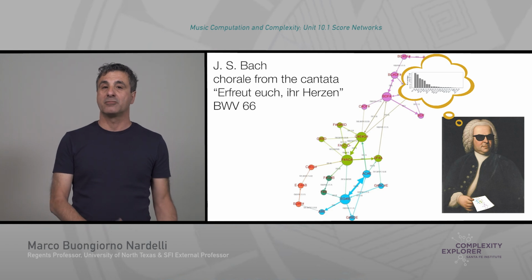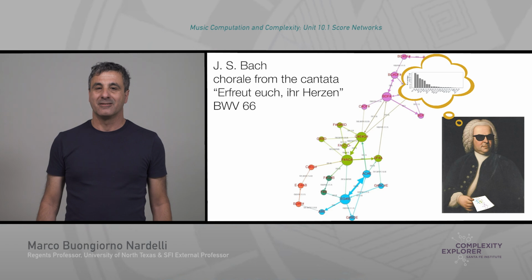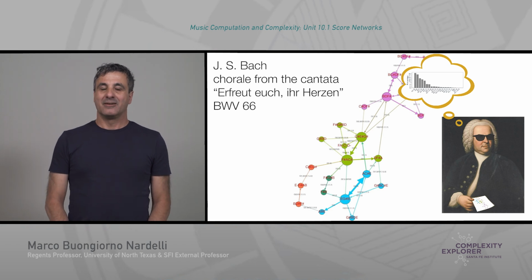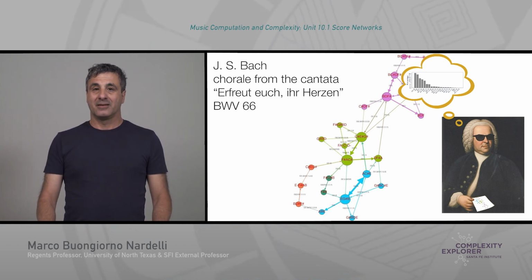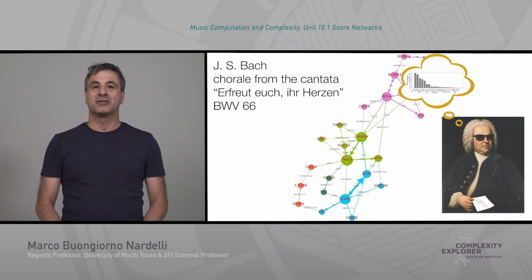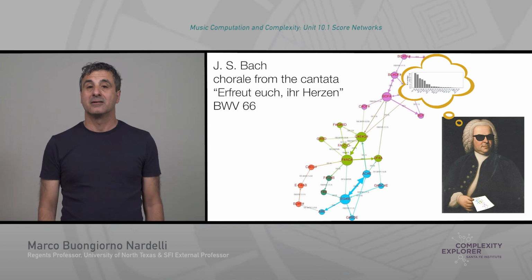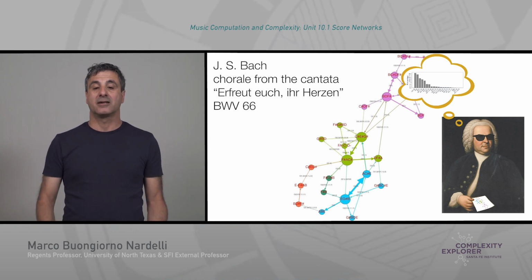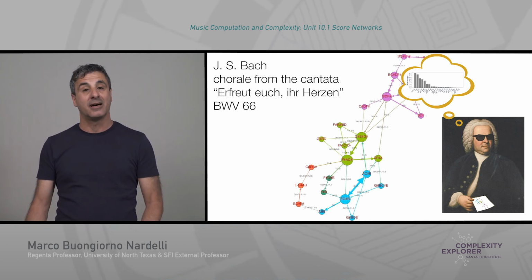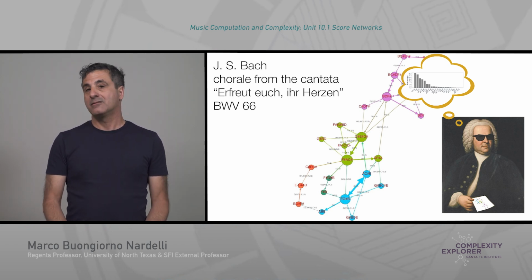You remember when we talked about networks that I showed you my social network, Facebook, where you could see the different groups of people belonging to a particular category, like the musicians, the physicists, my Italian friends, and so on. And here what we are seeing is something similar, something that tells us that there are chords that are more connected to each other than others, that form regions that have a particular musical meaning.